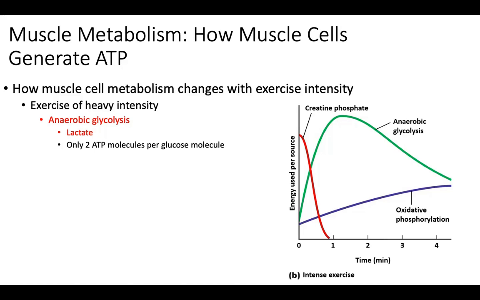So because we're not driving oxidative phosphorylation, because we don't have oxygen, there's a backup of pyruvate. Remember, pyruvate is what happens at the end of glycolysis. Pyruvate should be shuttled off towards the Krebs cycle, the linking step, the Krebs cycle, and eventually into oxidative phosphorylation.